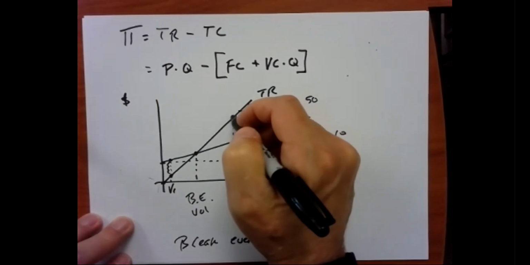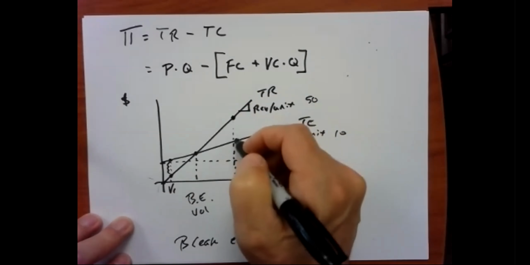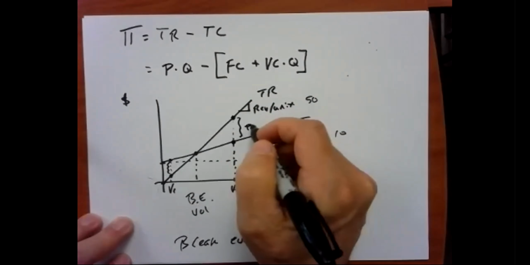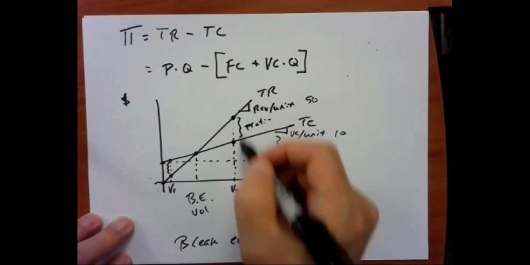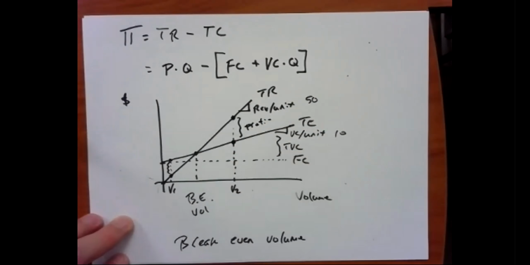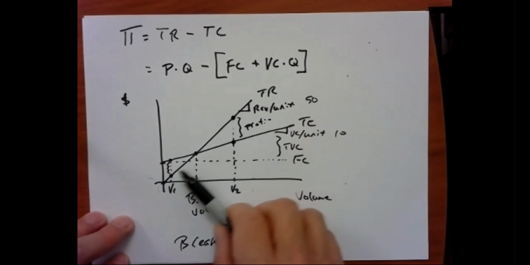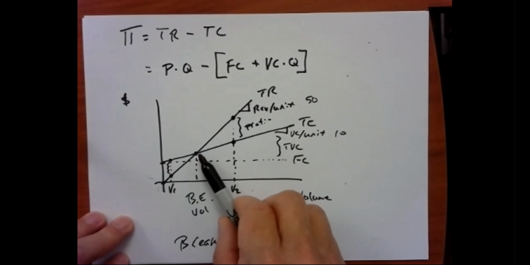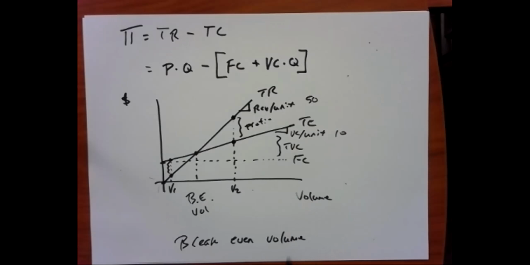At V2, I have revenues of this much and costs of this much. And so this is my profit because revenue is bigger than cost. So break even is that point where the costs are equal to the revenue, so I have zero profit. We'll get into that next time.